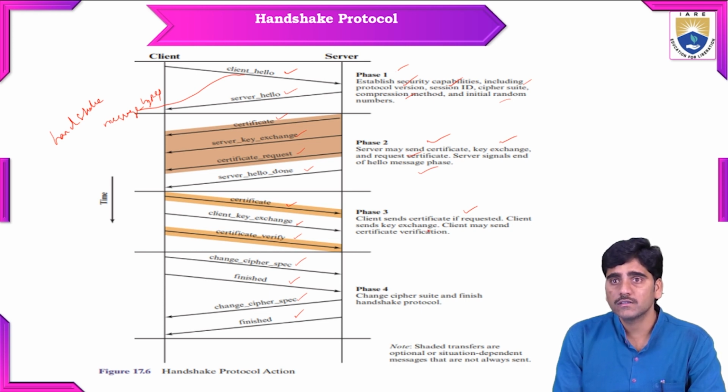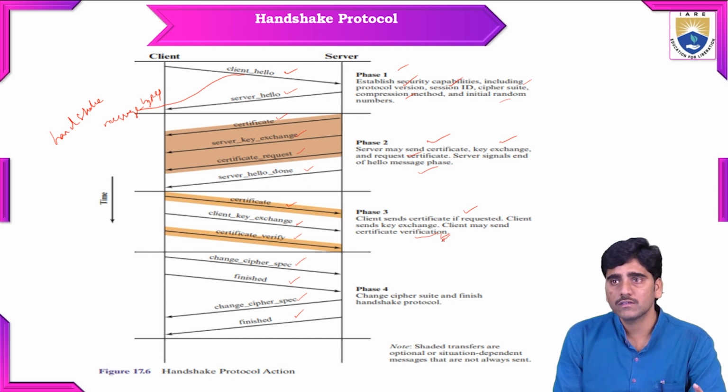The client may send certificate verification also. So if the server asks for the certificate, the client sends it, and the client also sends key exchange to verify the certificate.